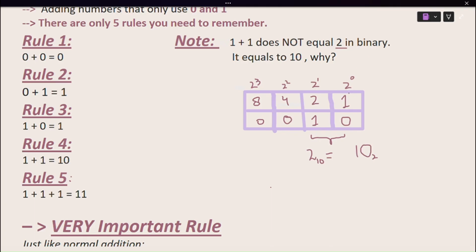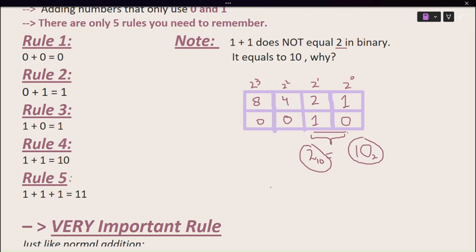Here I have represented 2 in binary form. Here you can see the powers of 2, and underneath it I have written the binary form of 2. So 2 is 0, 0, 1, 0. I've only turned on the 2 here. So that's why the 2 in denary is represented as 10 in binary.